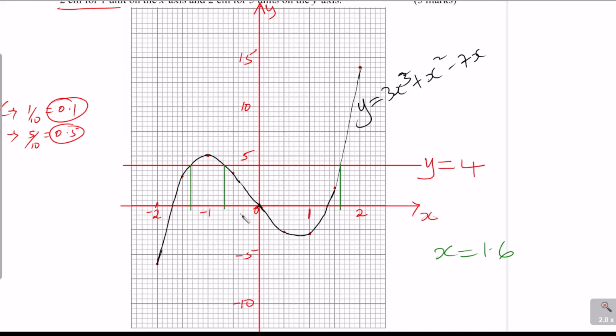Now the other one here, we can approximate that one. This is not 1.5, but this is 0.5, 0.6, 0.7. It is around there, 0.7. So this is 0.5, 0.6, around 0.69. We can approximate that one to be 0.69, around there. So x equals 0.69.